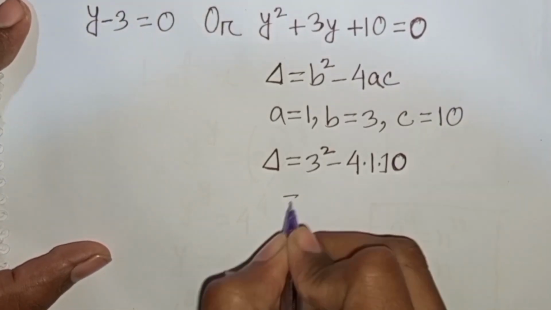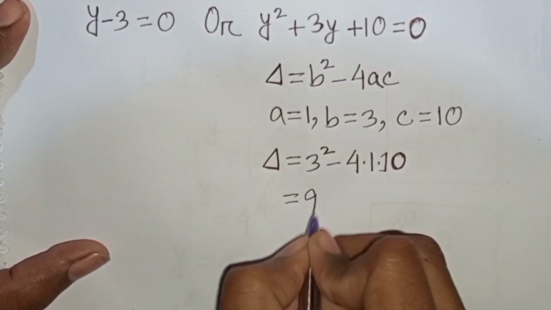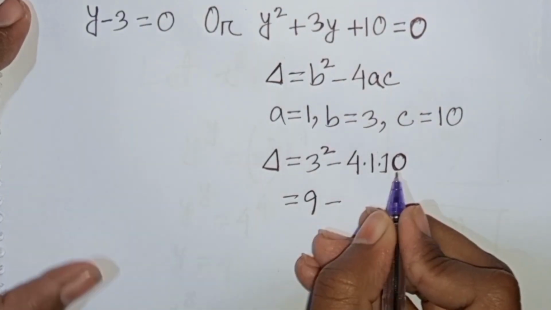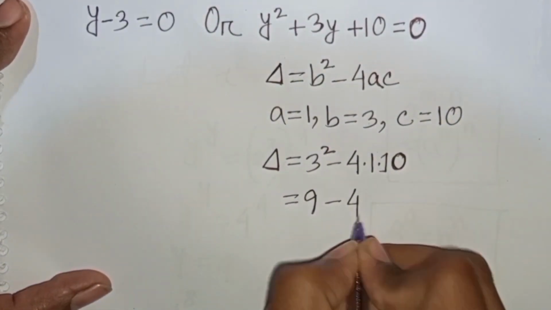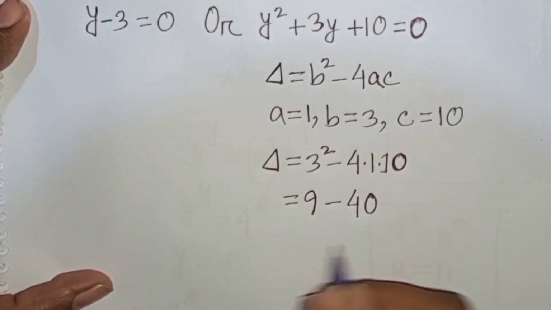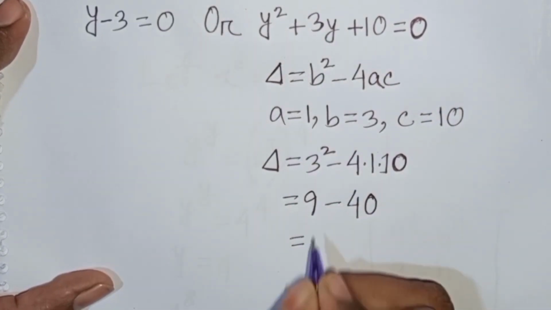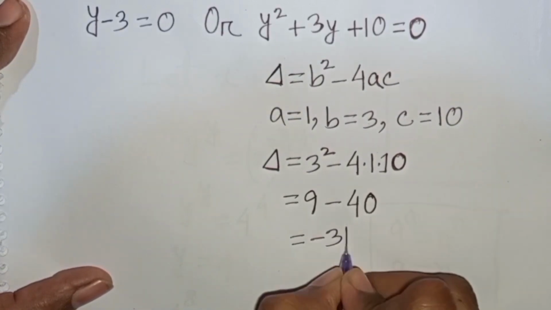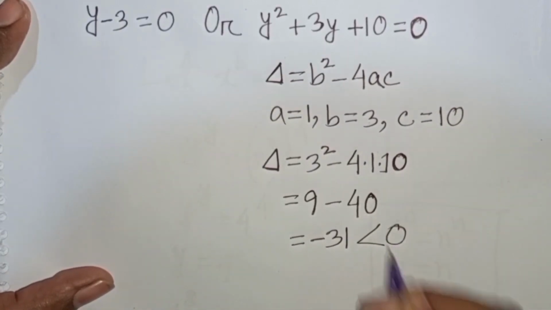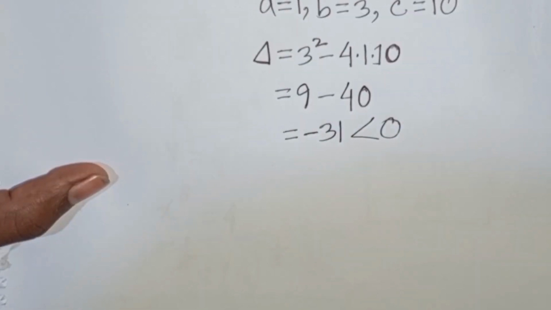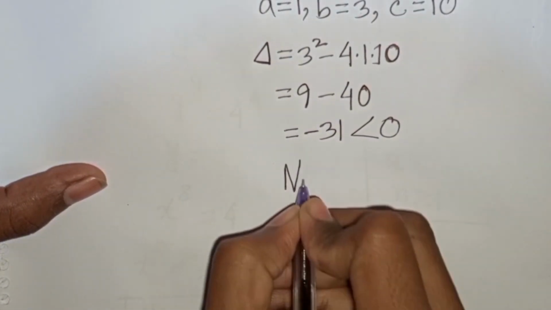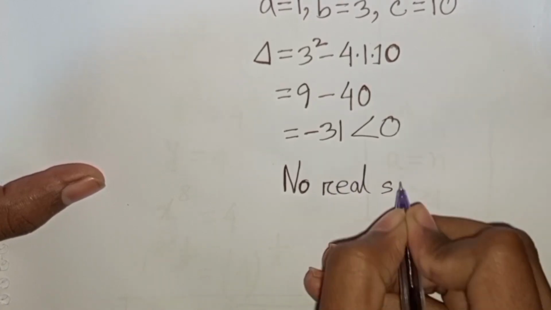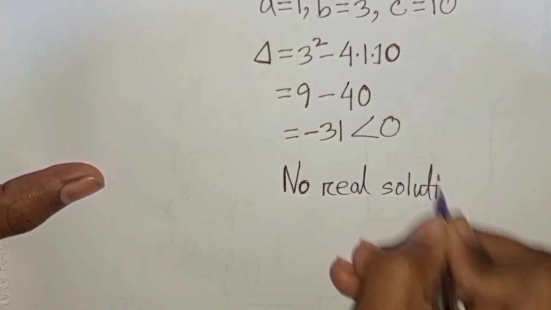Now 3 square is 9, minus 4 times 1 times 10, that means 40, so 9 minus 40 is minus 31. So minus 31 is less than 0. So here no real solution.